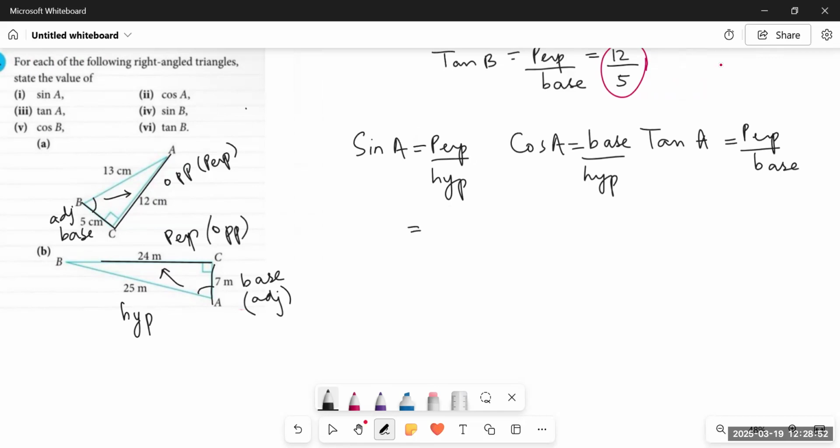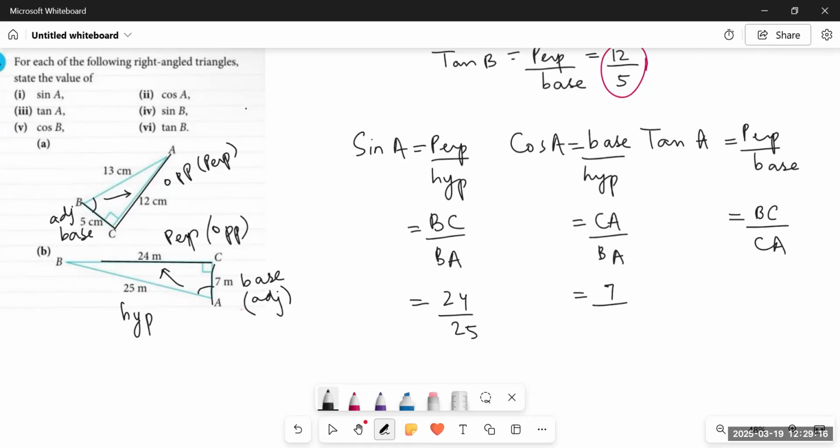So perpendicular is BC upon BA, CA upon BA, and BC upon CA. So this is 24 upon 25, then 7 upon 25, and then 24 upon 7, right?